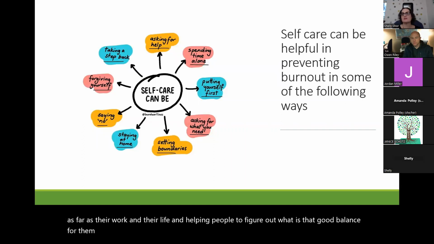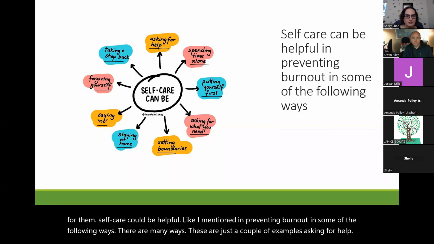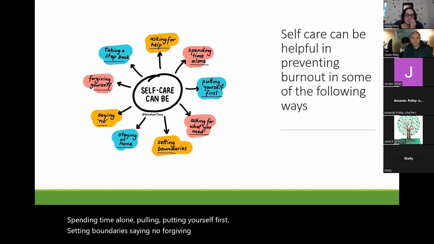Self-care could be helpful, like I mentioned, in preventing burnout in some of the following ways. There are many ways. These are just a couple of examples, like asking for help, spending time alone, putting yourself first, setting boundaries, saying no, forgiving yourself, asking for help.